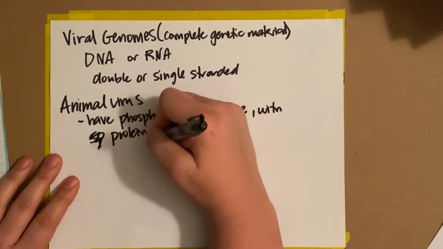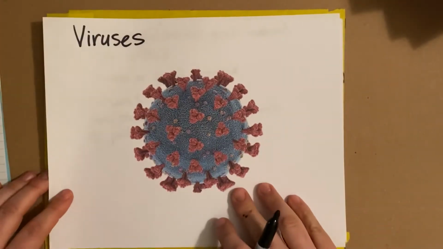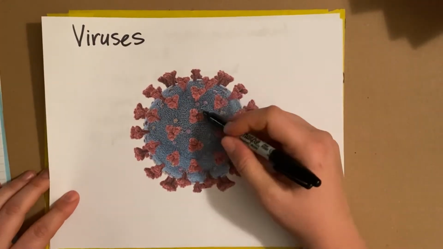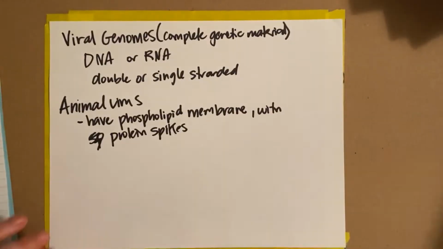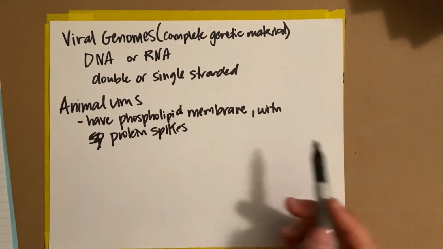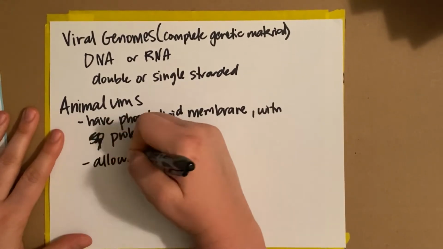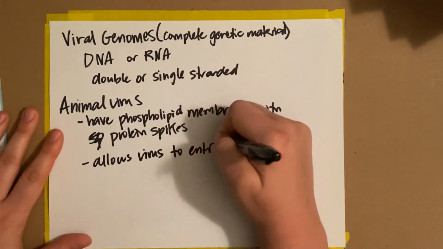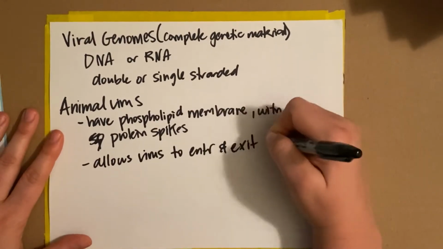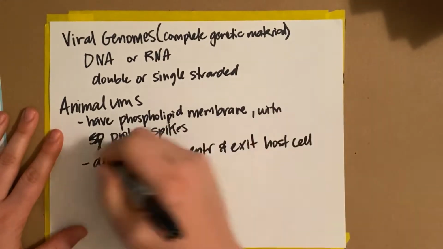If you've looked at the coronavirus, you can see these protein spikes on the outside. The problem with these phospholipid membranes is that they allow the virus to enter and exit host cells easily.